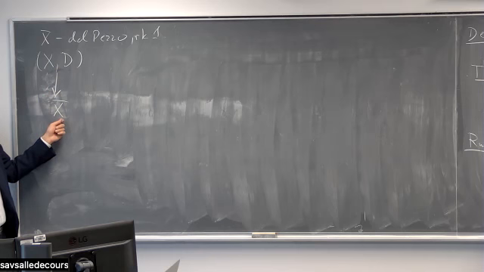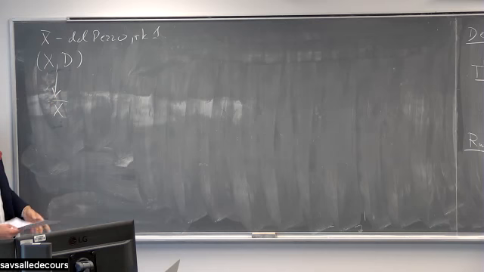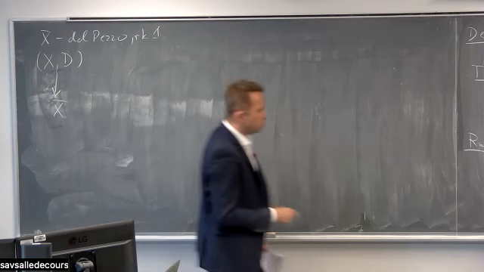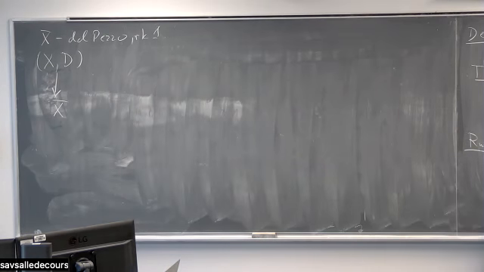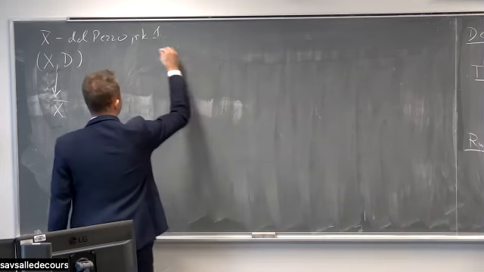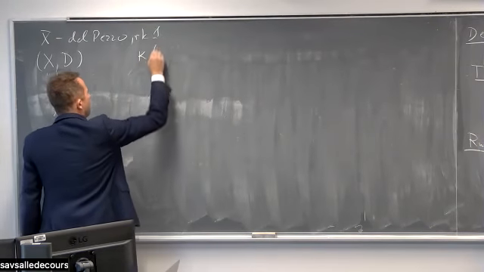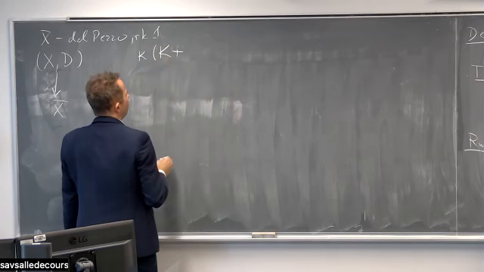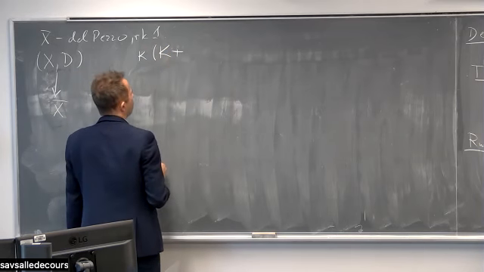So there's some tension here, and unfortunately, MMP with this setup does not help much. But once you know what you want to prove, you do the following. So we already know that the Kodaira dimension of K plus D equals minus infinity.